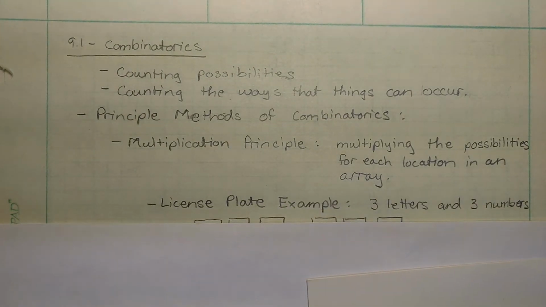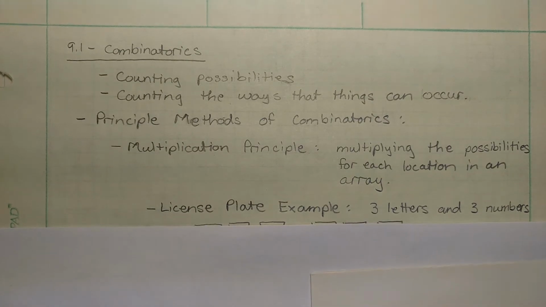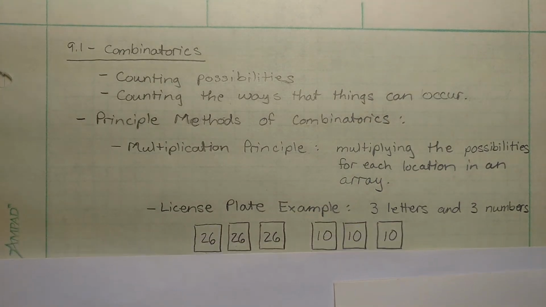The best example of this is the license plate example. If we consider a license plate where you have 3 letters followed by 3 numbers, essentially you've got 3 locations for a letter and 3 locations for a number. We have these locations right here.